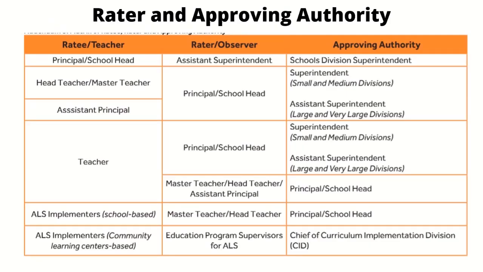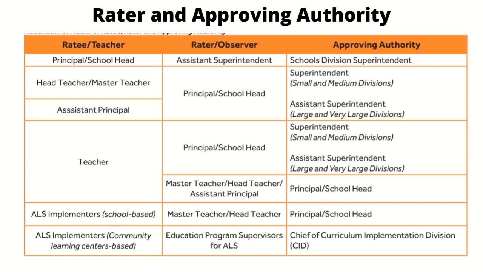Also very important is the update regarding who the rater and the approving authority will be. So in the IPCR, if you notice, there are a lot of signatures underneath. The first one who should sign is the ratee, your name as the teacher, followed by the rater, the one who observed you and graded you.